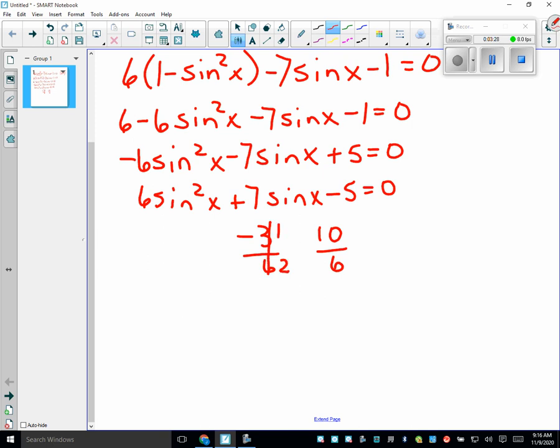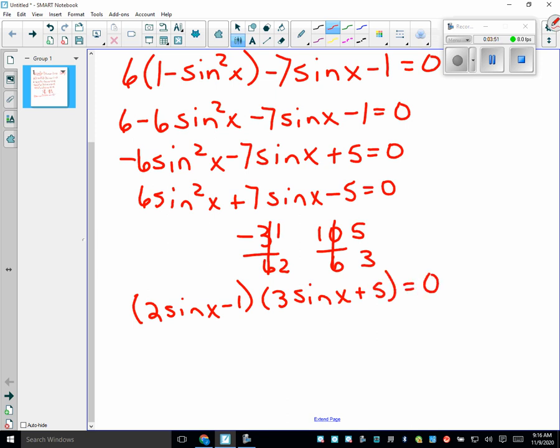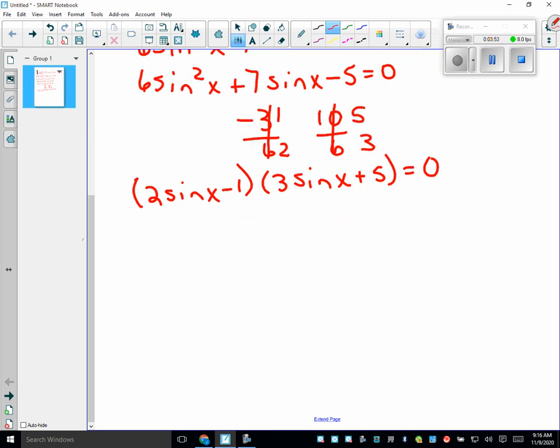Reduce. So I have 2 sine x minus 1, correct? And 3 sine x plus 5, right? Y'all agree? Yeah.